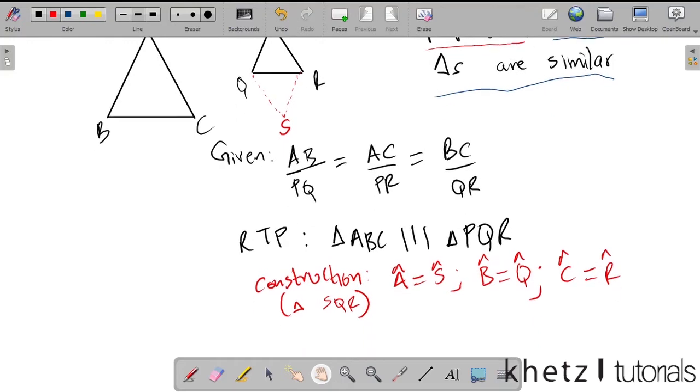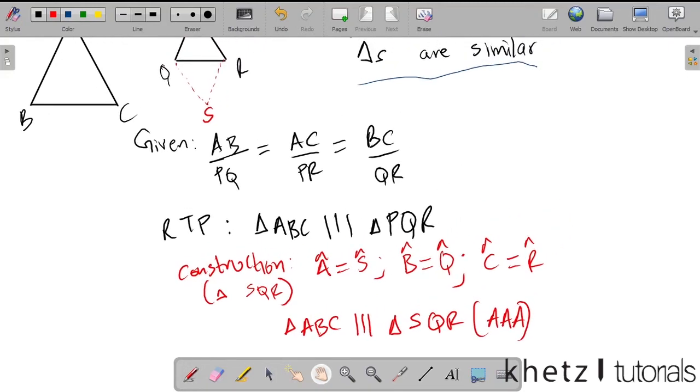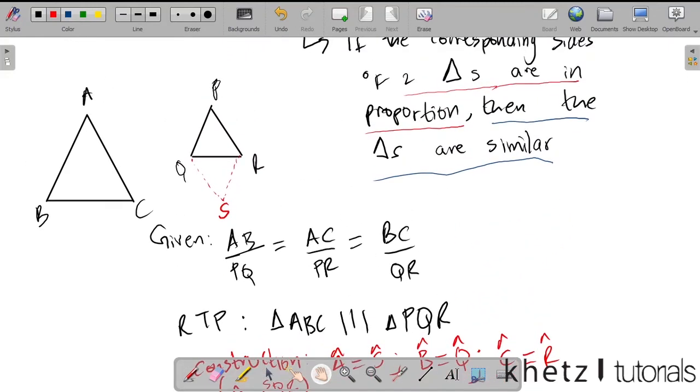So from Theorem 2, we can say that triangle ABC is similar to triangle SQR. The reason for that is angle, angle, angle. Because we made a construction such that this angle would be equal to that angle.